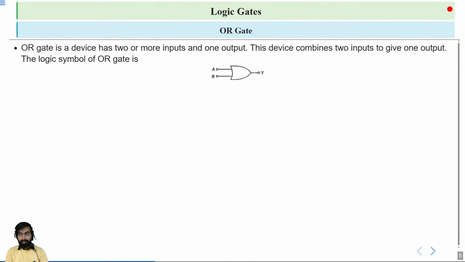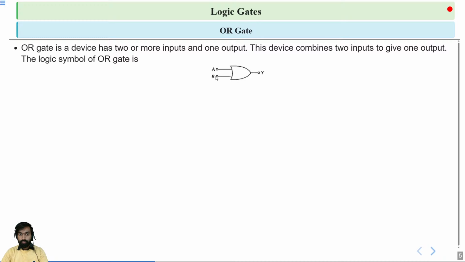Now we will understand each gate one by one in detail. Listen carefully, everyone. First we have the OR gate. An OR gate is a fundamental digital logic device. It has two or more inputs and produces one output.